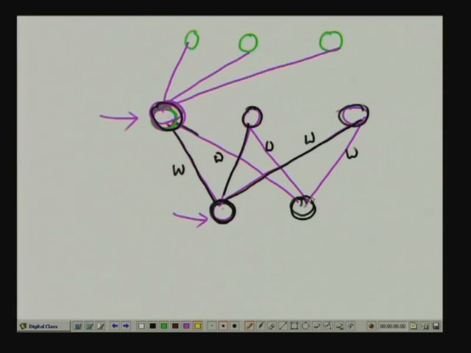Similarly, if you have an error at this output unit, you allocate this error to the units from which it receives input. So, we propagate the error from the output backwards to the hidden units. How do we allocate the error? We allocate the error in proportion to the arc weights. So, once we have allocated the error, we know what is the target value that we have to minimize, and therefore, we do gradient descent. So, this is the basic idea of back propagation.